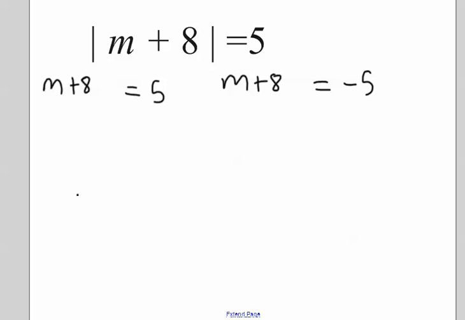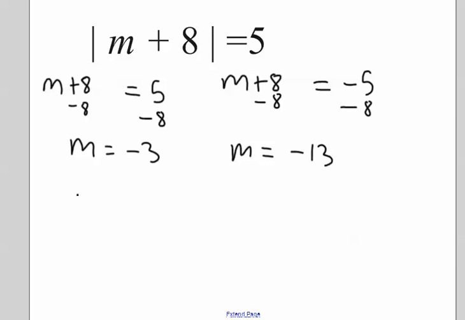So then I have two really basic, easy breezy equations. I subtract 8 here and I subtract 8 here and I get m is equal to negative 3. And over here I get a minus 8 and a minus 8, and I get m is equal to negative 13.